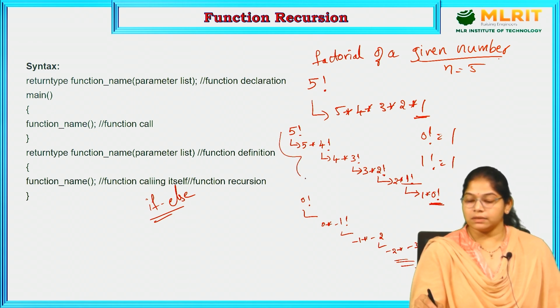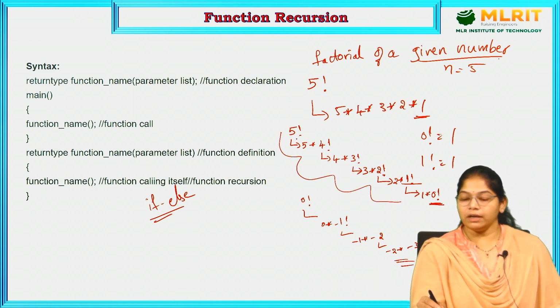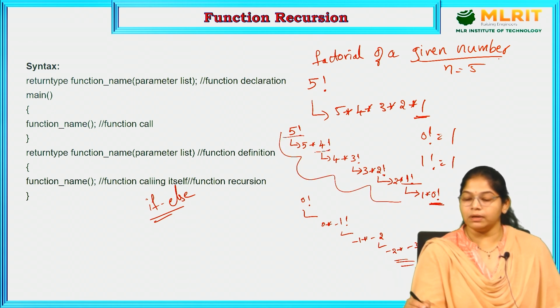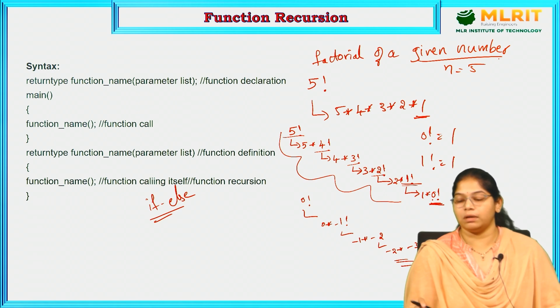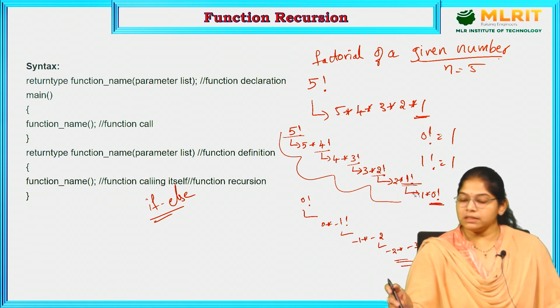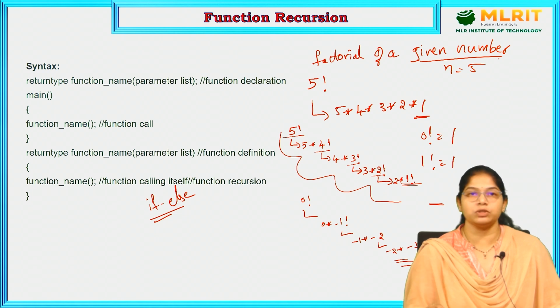By this, we are dividing the problem into sub-problems, smaller problems. Let us consider 1 factorial as my stopping condition.